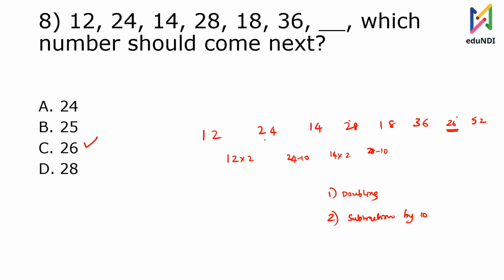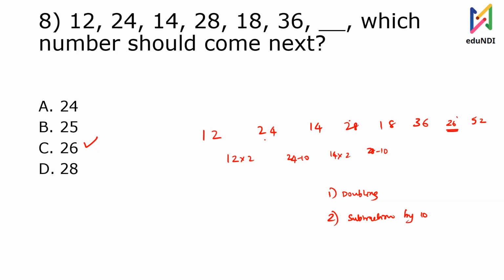Like you saw in one of the examples, a number was randomly added just to confuse you, just to distract you. That example where the number 15 was introduced after every two numbers. So 15 is more like a distraction to you, that's all. So you have to remove those distractions or noises and then uncover the pattern.